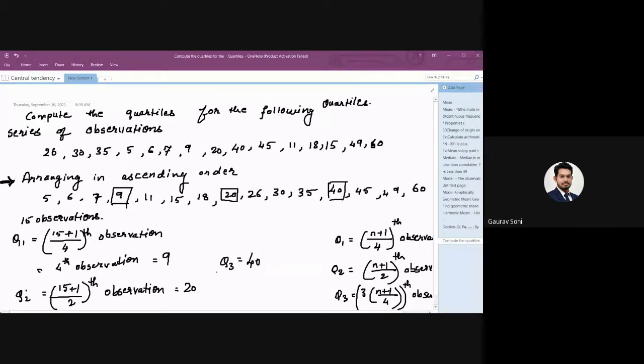Q3 is equal to 40. So for raw data with a proper integer, it is very easy, right? You are just calculating the (n plus 1) by 4th entry and giving the answer. But the problem may arise if you get a rational number, not an integer. In that case, we will have to think of something else.